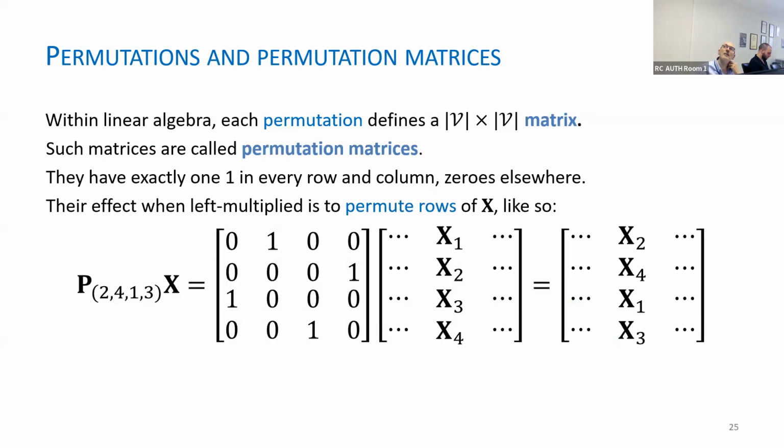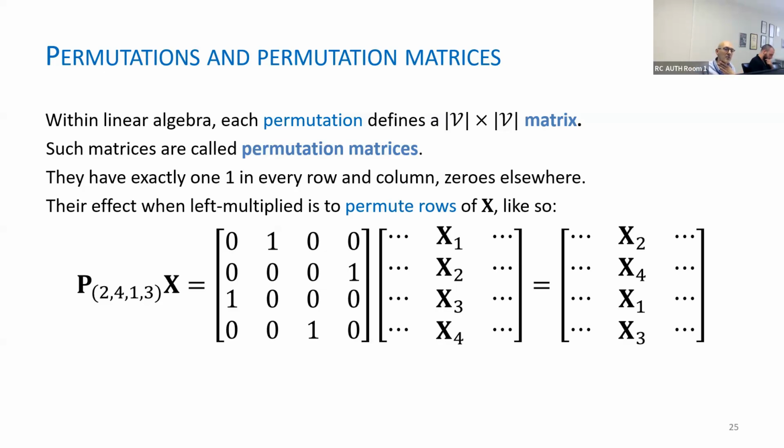At the end, we can also think of the permutation in this way. We can have a matrix whose dimension is given by the cardinality of the points.